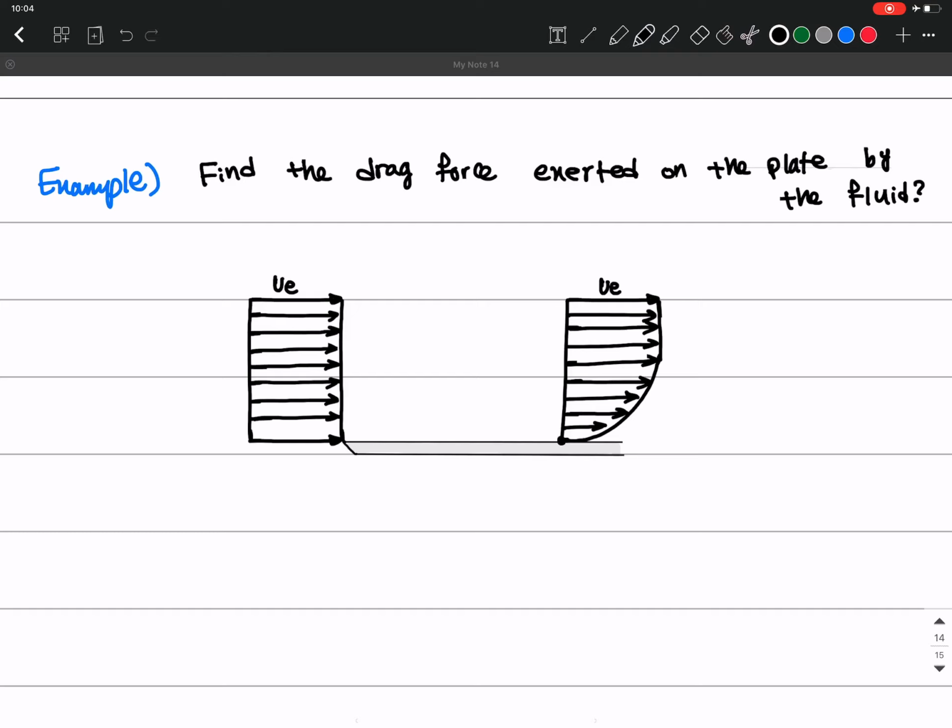So this is what we call the no slip condition, where the velocity at the surface becomes zero.